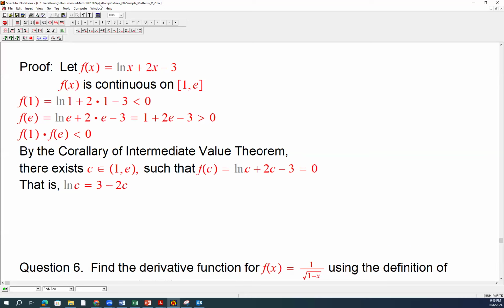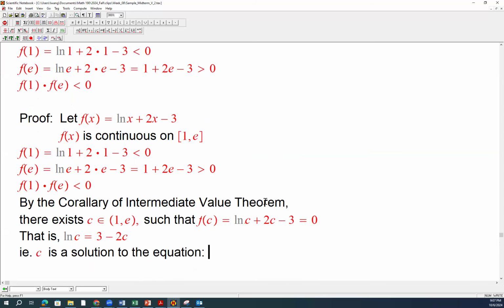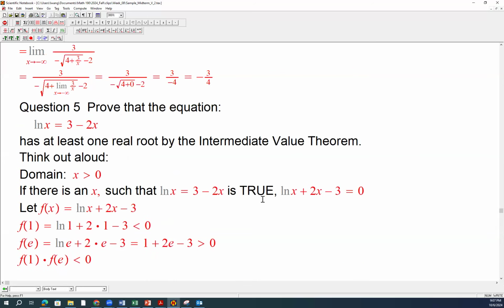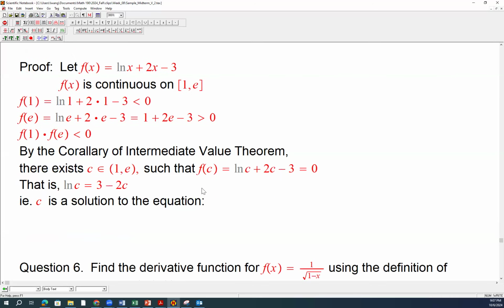And then, i.e., you can say C is a solution to the equation. And what equation is that? So we're going to relate to what was given to us, this equation.